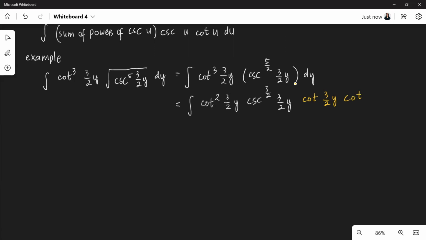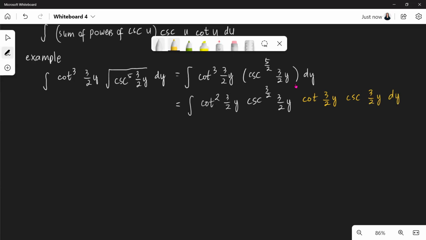Okay, then the cosecant, or the du later. So we need to express the remaining cotangent as a function of cosecant.